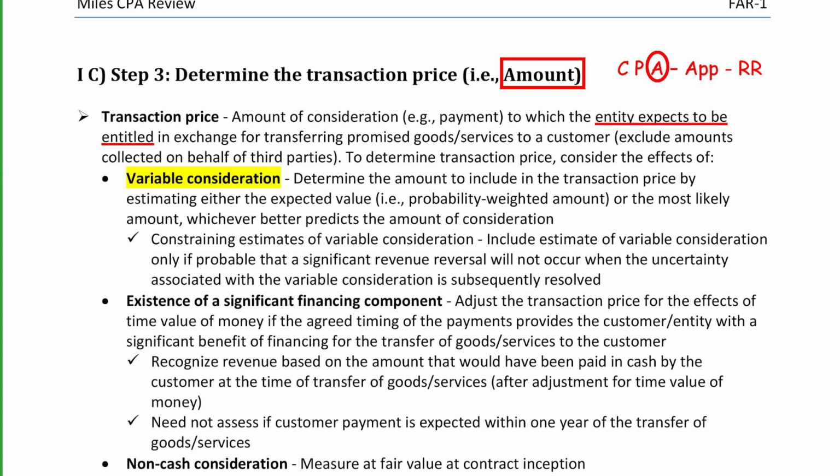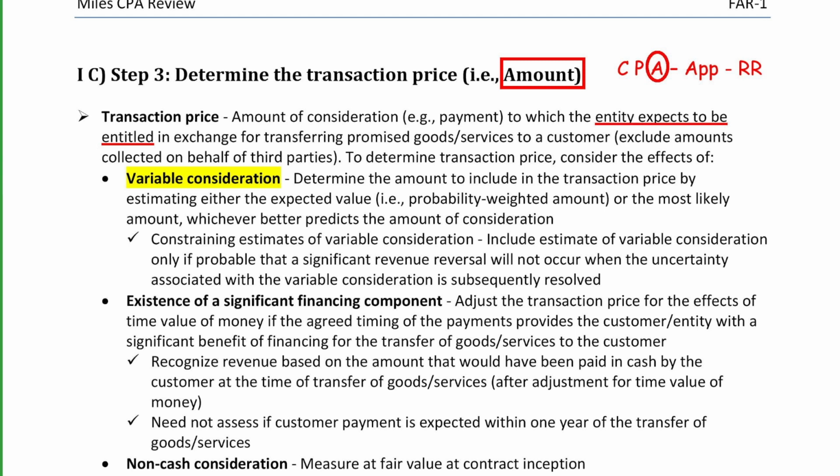Now, variable consideration is a significant change from earlier revenue recognition rules, which did not allow entities to recognize the effect of the variable consideration until the contingency was resolved. However, under the new revenue recognition rules, the entities need to determine and include the variable consideration as part of the amount.